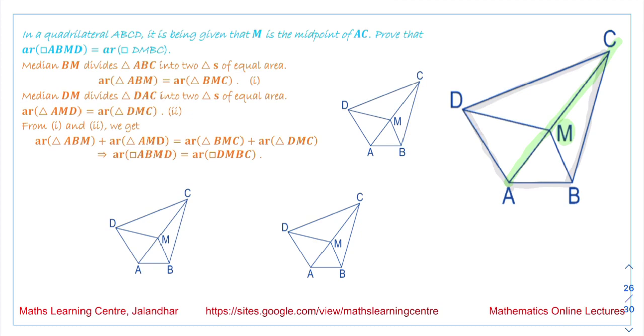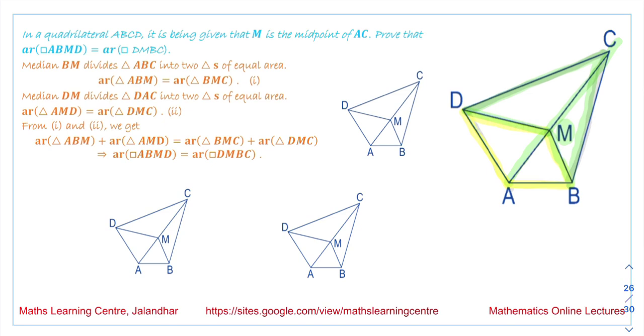So we have to prove that the area of the quadrilateral ABMD, we are talking about this quadrilateral over here, is equal to the area of the quadrilateral DMBC. The areas of these two quadrilaterals are equal to each other.